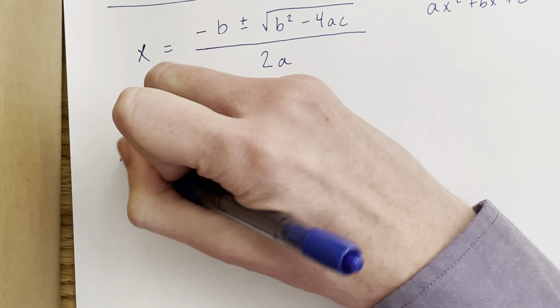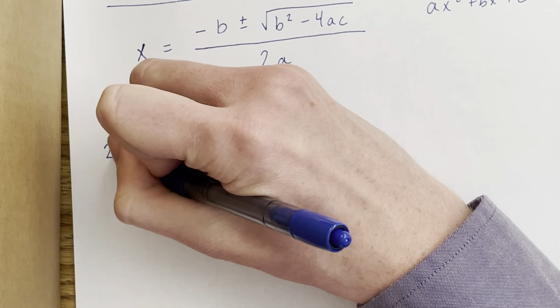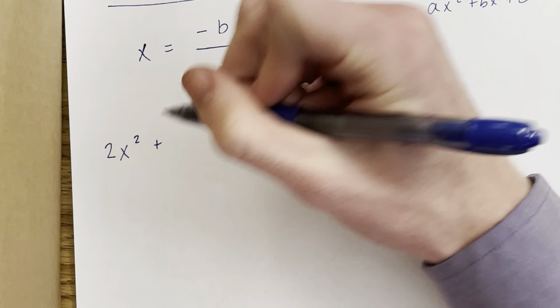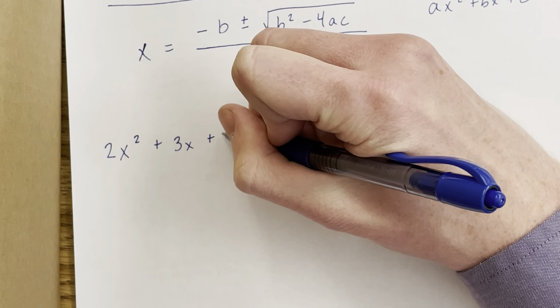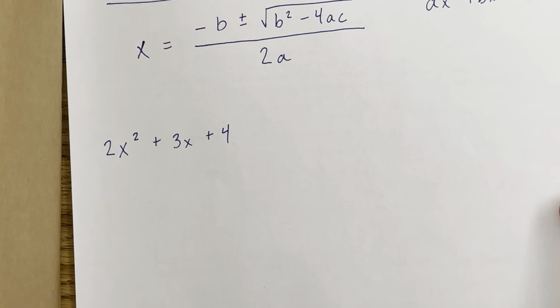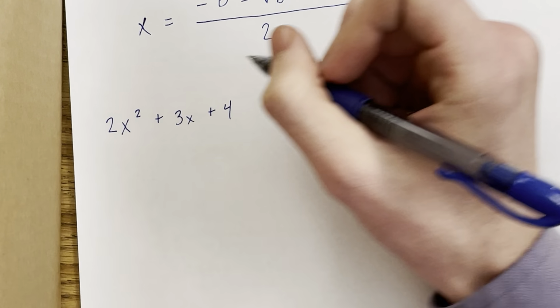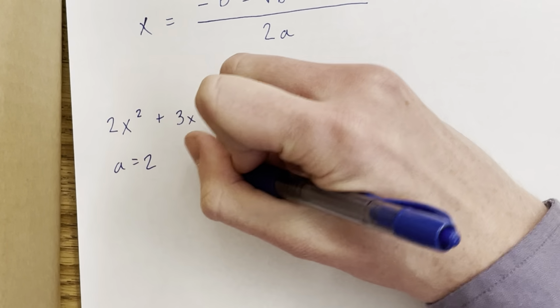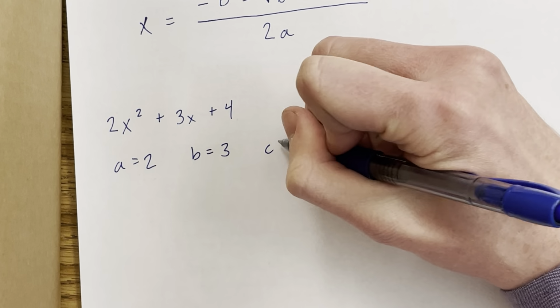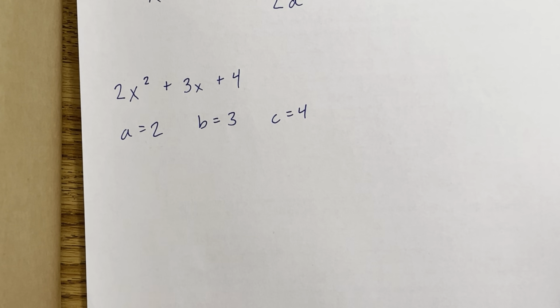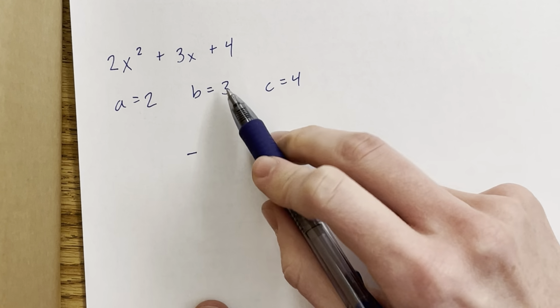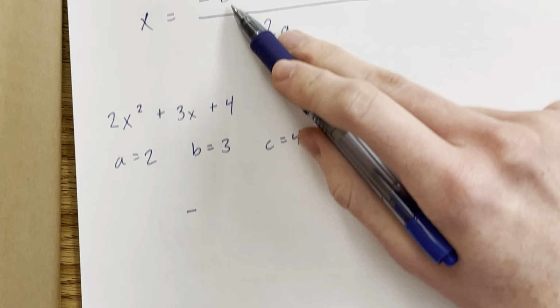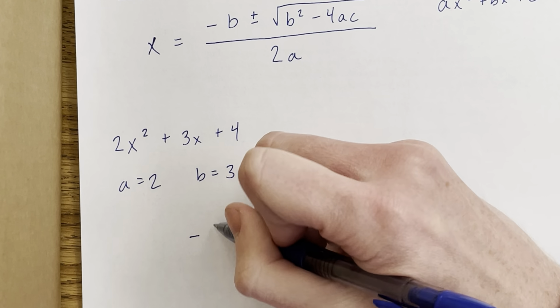So for example, if we have 2x squared plus 3x plus 4, for example. In this case, a equals 2, b equals 3, and c equals 4. So we just plug these in. So negative b is 3.